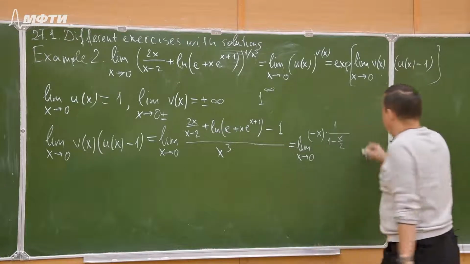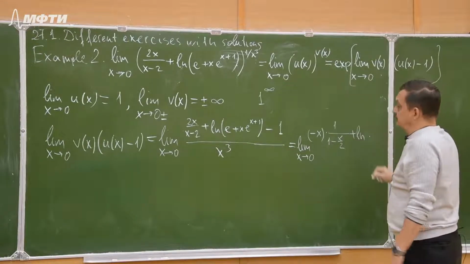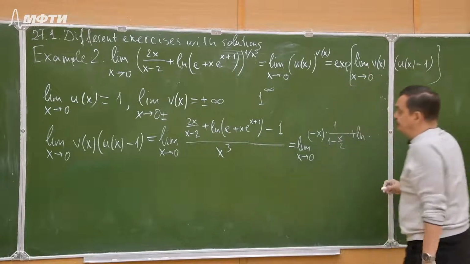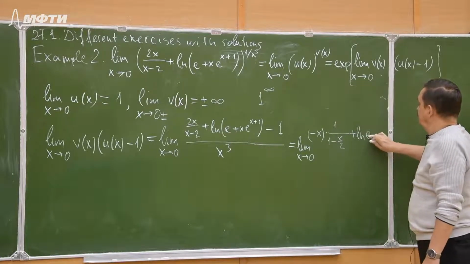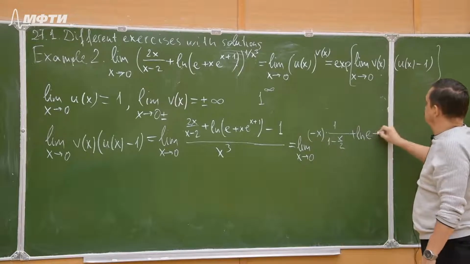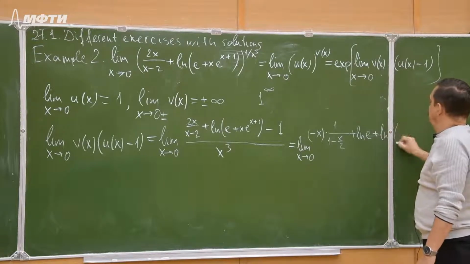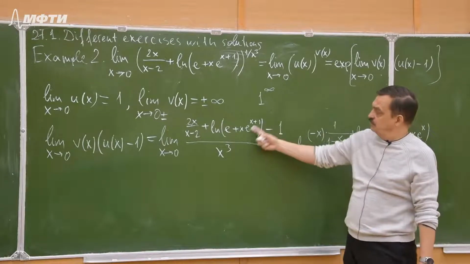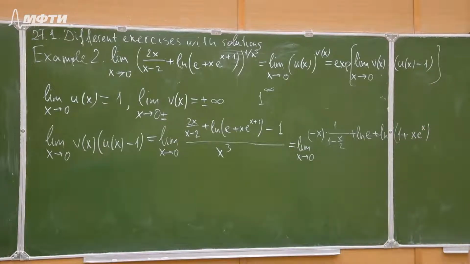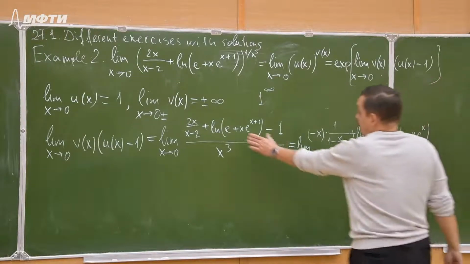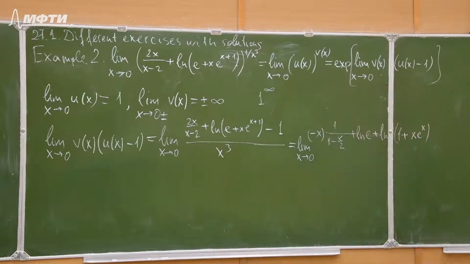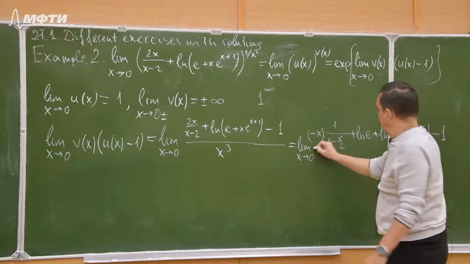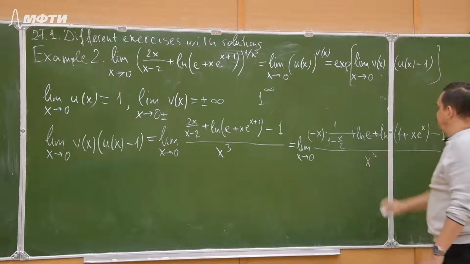And here we represent by product, so logarithm e and logarithm of product equals the sum of logarithms. Logarithm 1 plus x e to the power x. So we took one multiplier e outside of the bracket, and also don't forget to write minus 1 over x cubed.